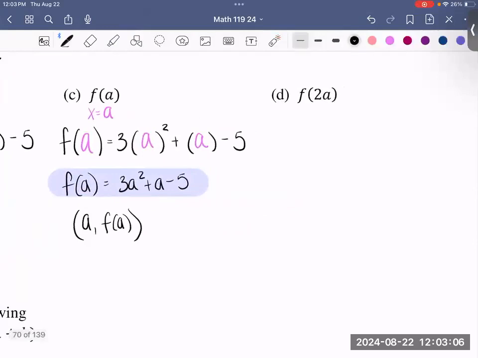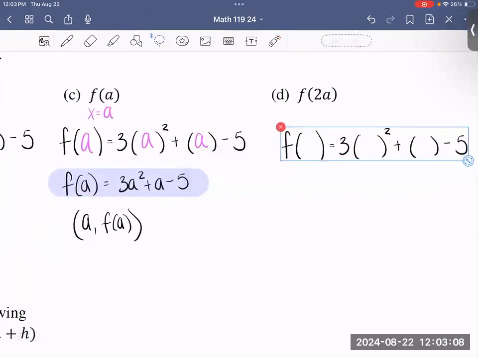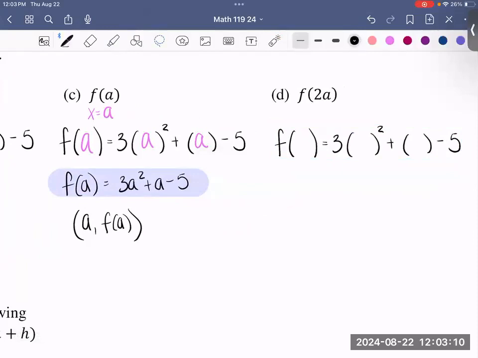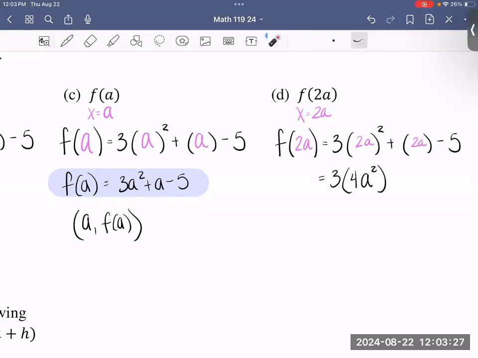Doing it again. You're replacing your x with 2a. So leaving those gaps, putting in 2a, and evaluating, we have 4a squared, because don't forget, just because you have your coefficient doesn't mean that it's just going to this a, it's actually distributing to both.